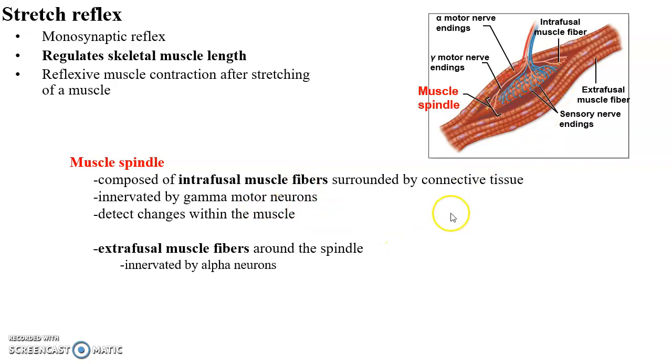The muscle spindle's job is to detect stretch in the muscle organ. And then there are also extrafusal muscle fibers. These are the muscle fibers outside of the muscle spindle, which is pretty much the rest of the muscle. And the cool thing is no matter how relaxed your muscle is, the intrafusal muscle fibers are always a little bit taut. They can detect the stretching.